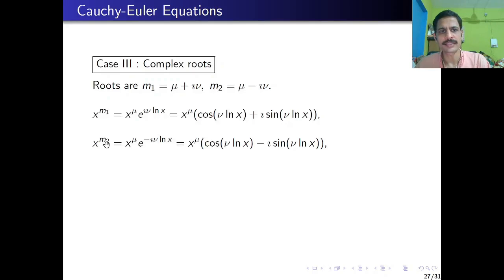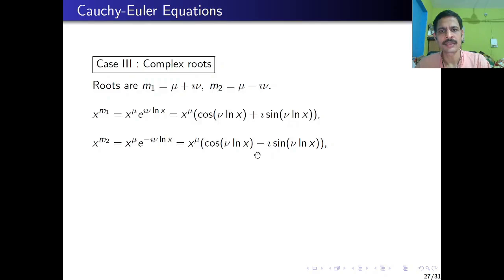Similarly, x raised to m2 will give us x raised to mu times e raised to minus iota nu ln x, which is equal to x raised to mu times (cos(nu ln x) minus iota sin(nu ln x)).